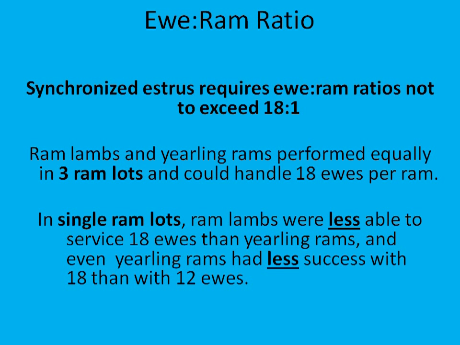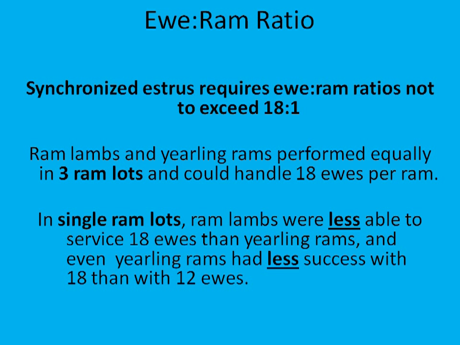We haven't found much difference with the different ones that we've used, except differences in breed of ram. Dorset rams, Finn rams, Katahdin rams are more active, more aggressive than some of the Hampshire and Suffolk rams, so sometimes you can use a few extra with those more aggressive ones.